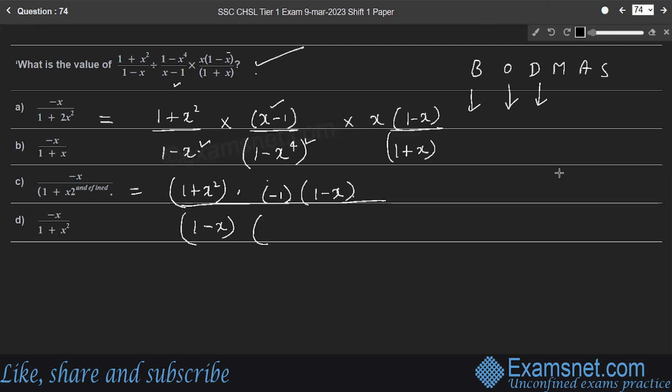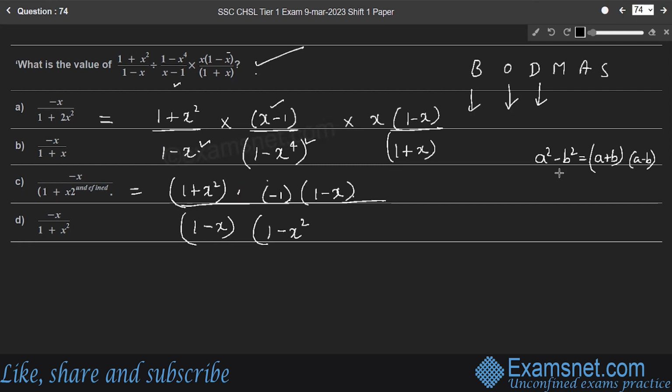So this 1 minus x raised to 4 is in the form of a square minus b square. Right? A square minus b square, which is a plus b into a minus b. So now write 1 minus x raised to 4 as 1 minus x raised to 2, where b is x raised to 2 and a is 1.